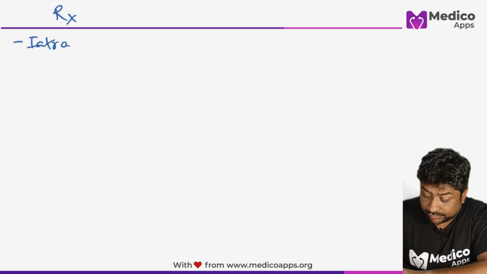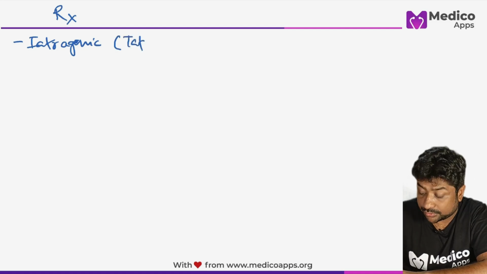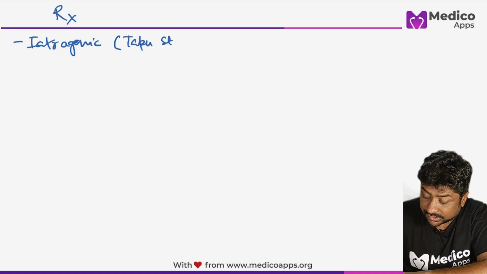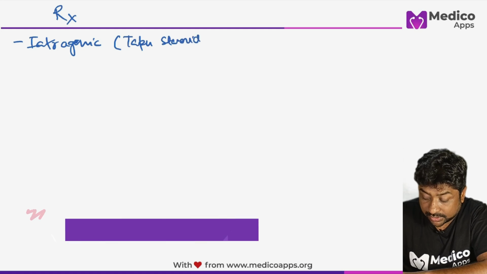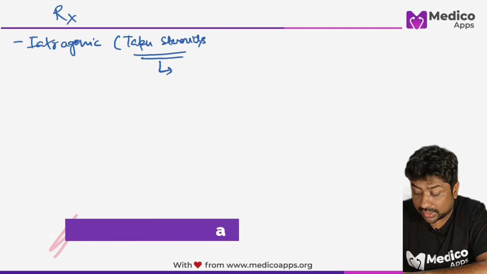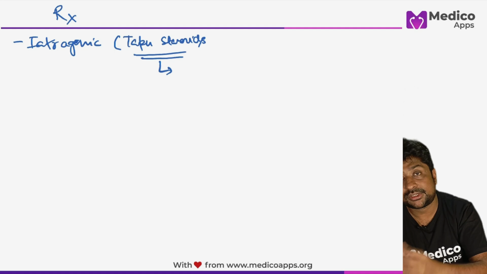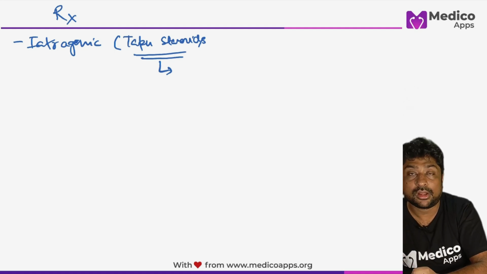Okay. So if the cause is iatrogenic, which is the most common cause overall of Cushing syndrome, remember we will first taper and stop steroids. Another very important question is, why do we taper steroids? Because the adrenal capacity to produce steroid is decreased as we are supplementing steroids from outside.